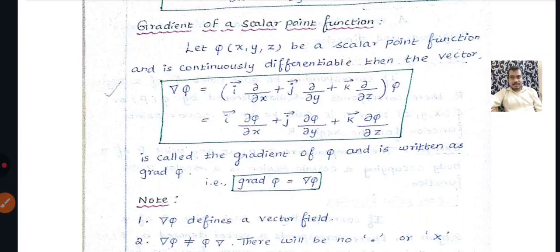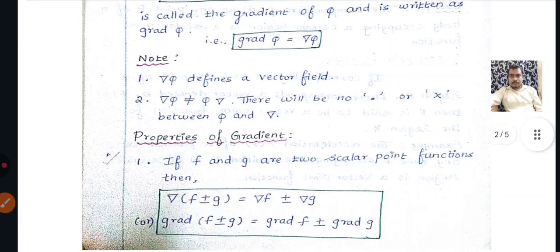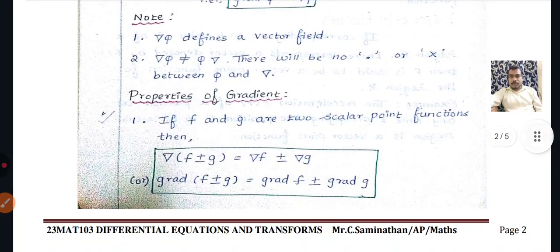It is written as grad pi, that is grad pi is equivalent to del pi, which is called the gradient of pi. Del pi is defined as a vector field. Del pi is not equivalent to pi into del. These are the two important notes.